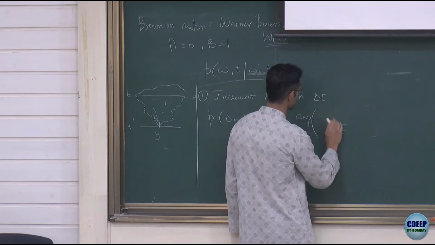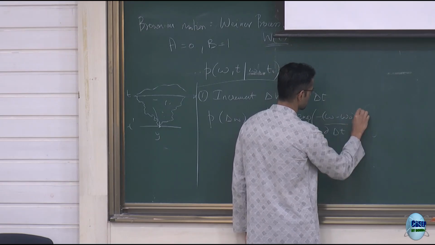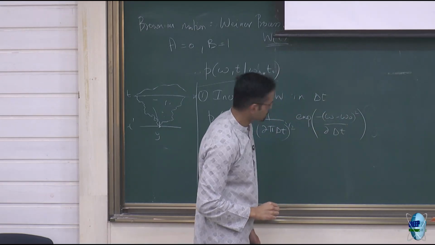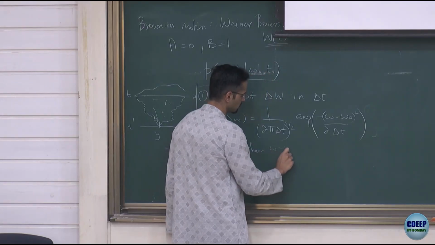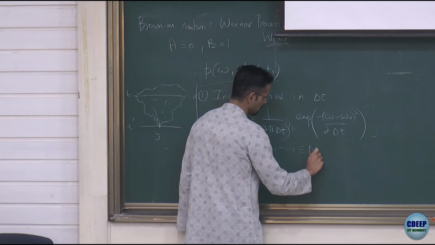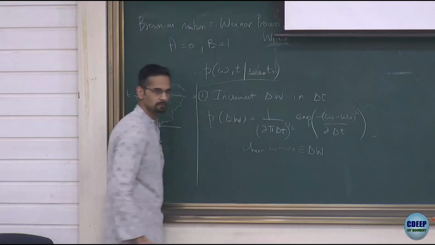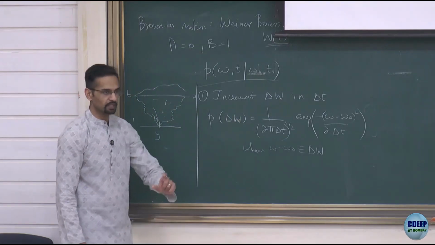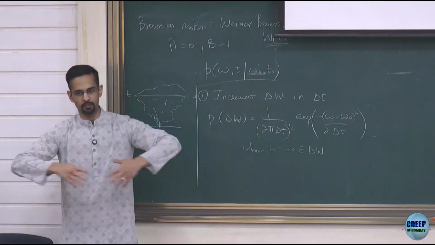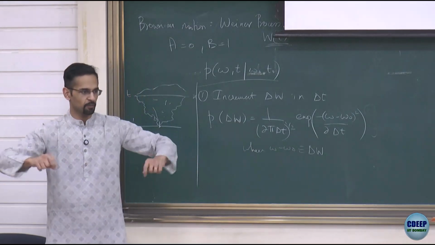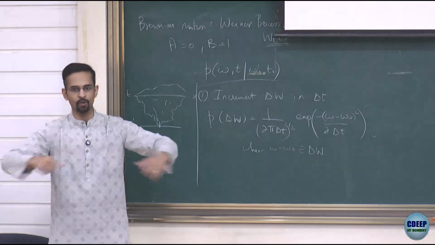So I want to find the distribution of the steps delta W on all my trajectories. If I simulate many trajectories somehow, at any instant of time I look at one time step delta t, and I'll get a whole distribution of steps.